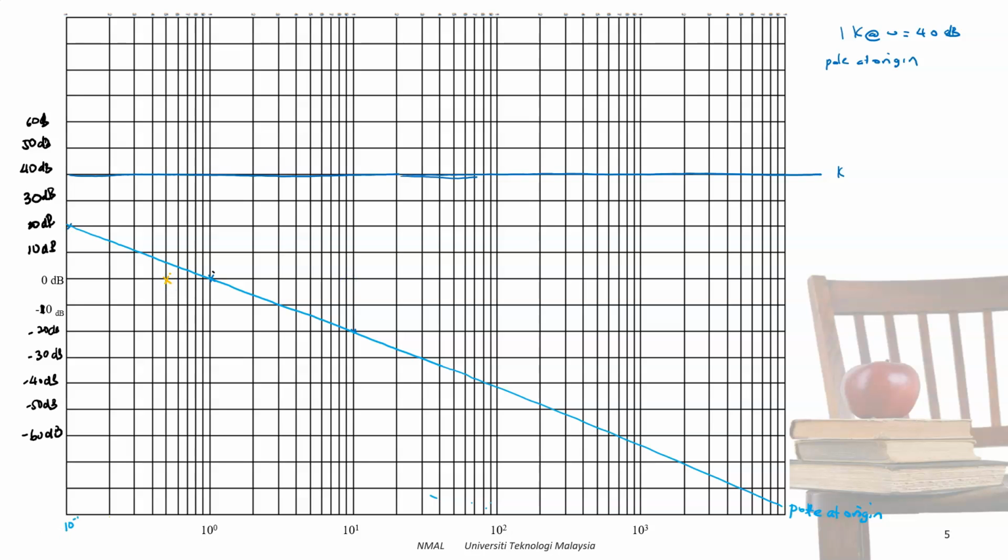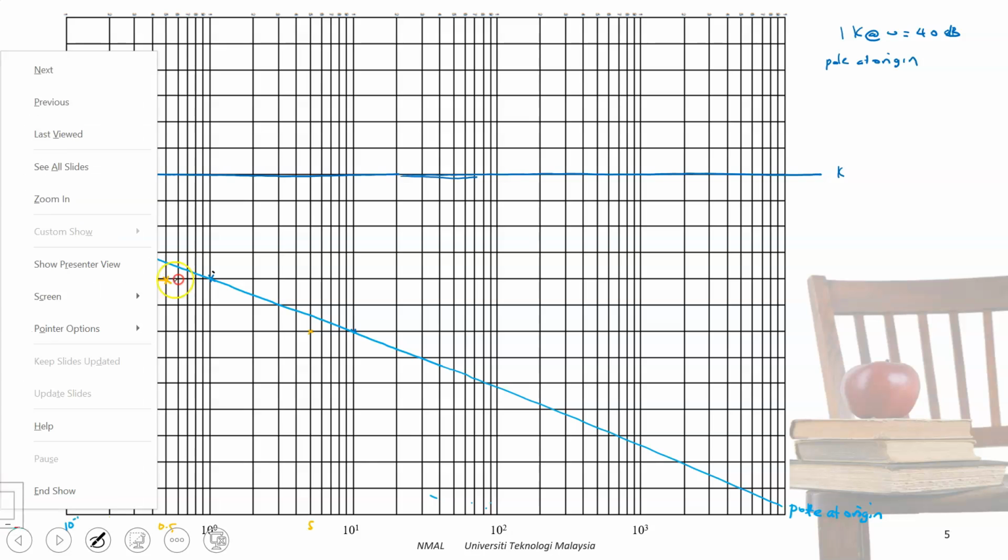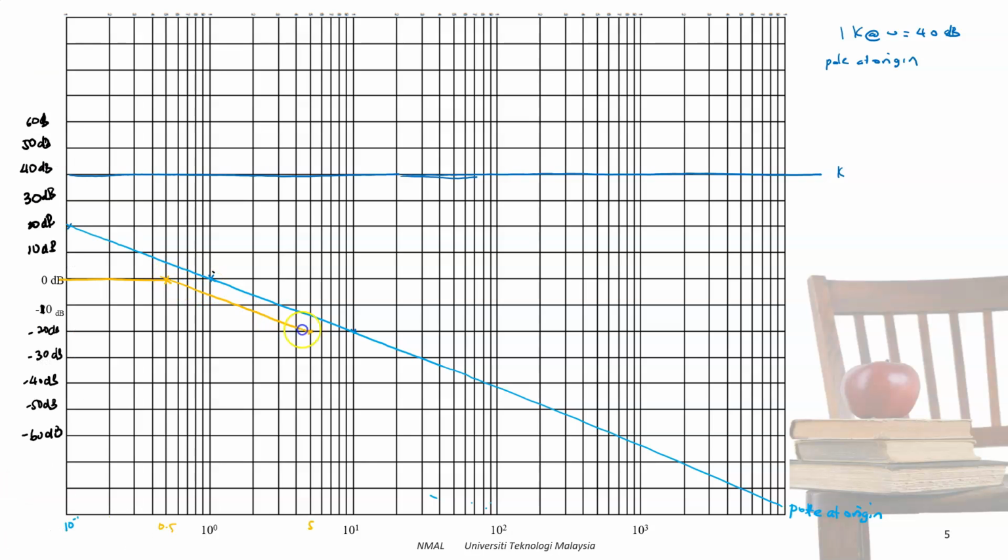One decade after 0.5 is 5, so this is 1, 2, 3, 4, 5. So at 5, it drops by 20 dB. Before that it is 0, which means it will not be calculated for the plot. So you plot the overall. This is the pole at omega equal to 0.5.